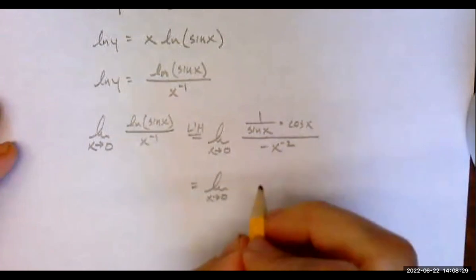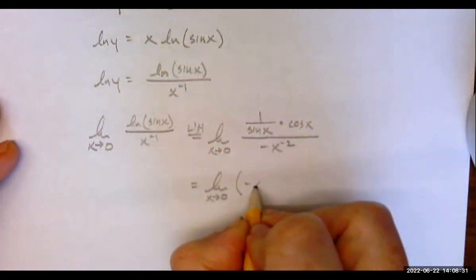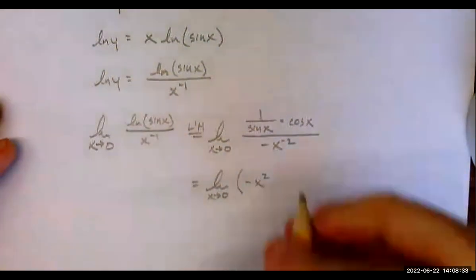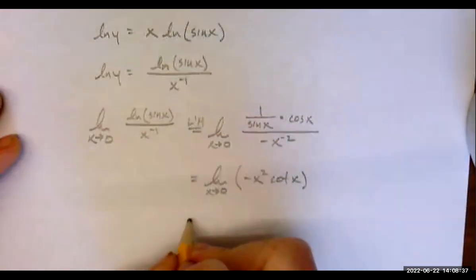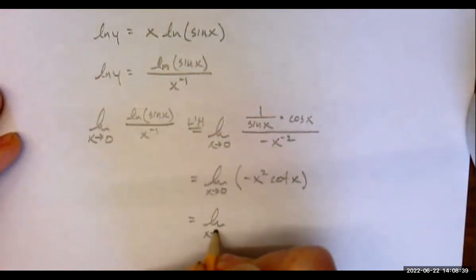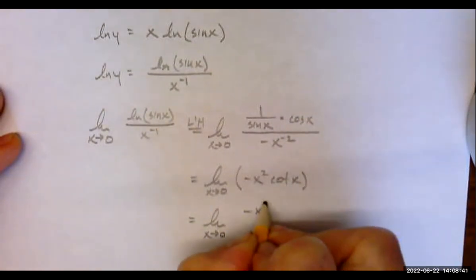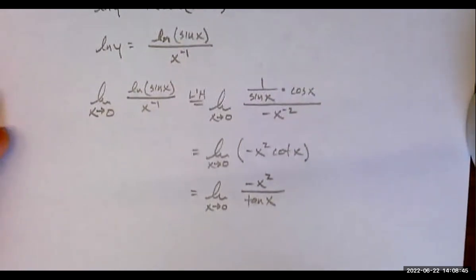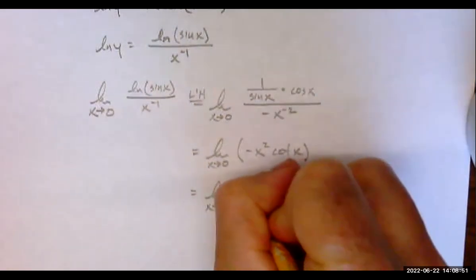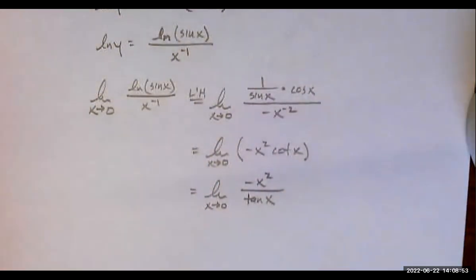Just for a second, this is -x squared cotangent x. But I'm more familiar with tangent. Let me call this -x squared over tangent x, and that would be the same thing. I'd rather think of it this way, just my own comfortability with tangent versus cotangent. Maybe you feel the same.